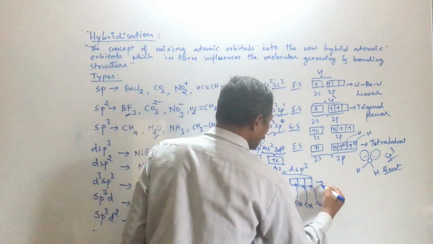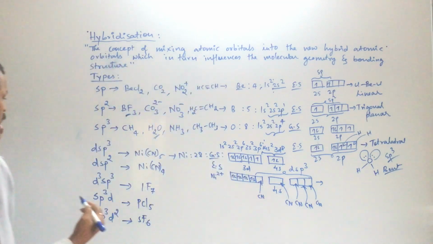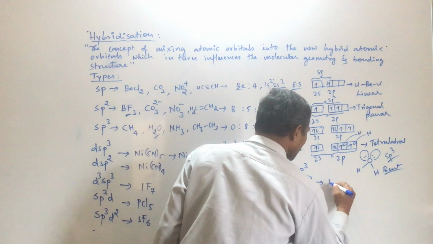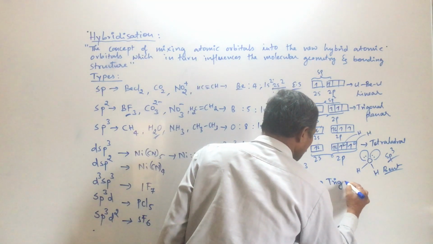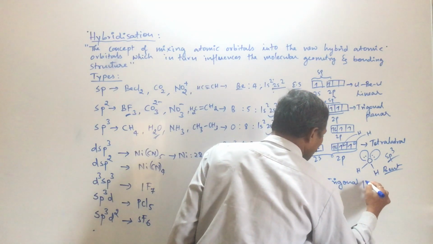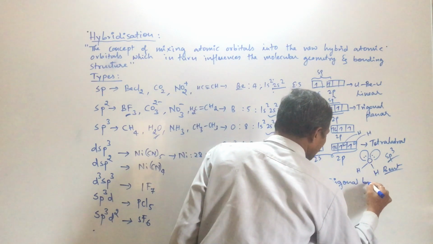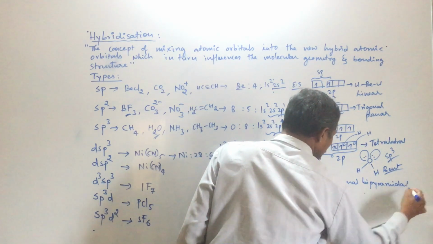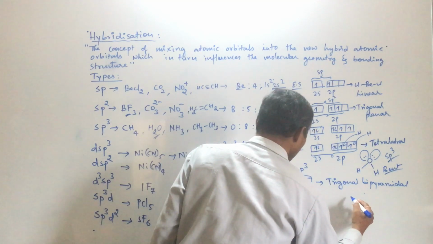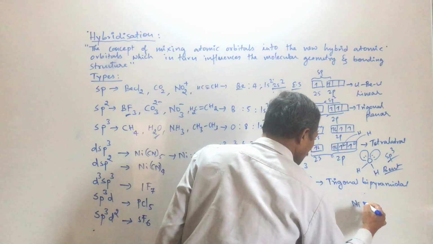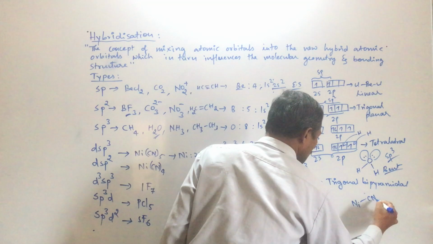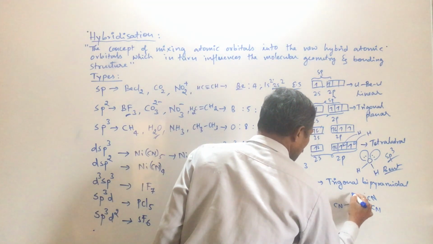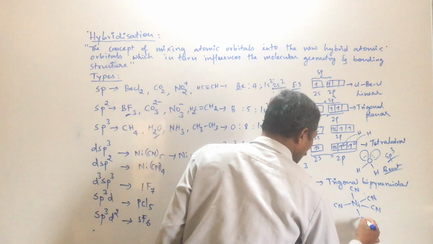So the shape of the molecule with dsp3 is trigonal bipyramidal. You can see the structure, that is Ni with the cyanide, one upper and one below.